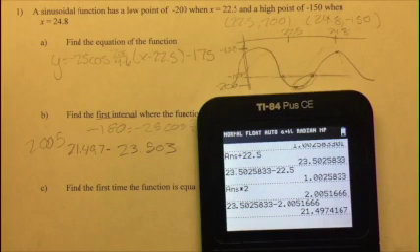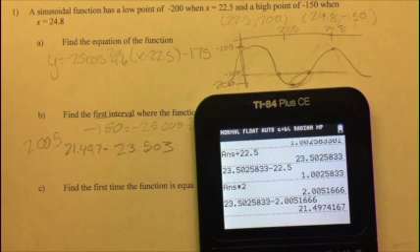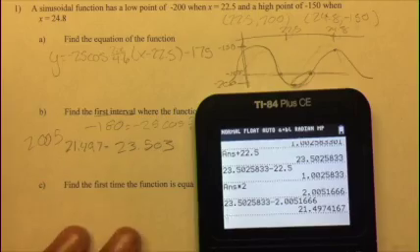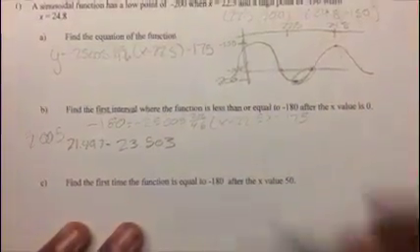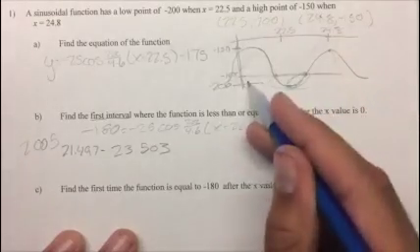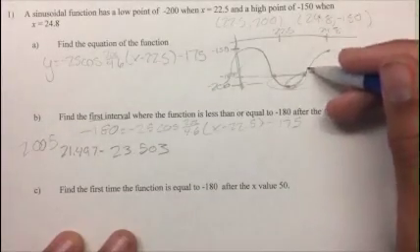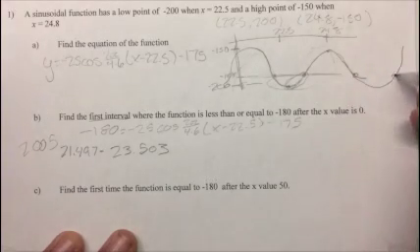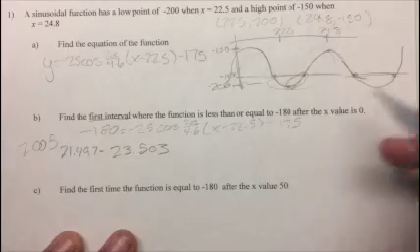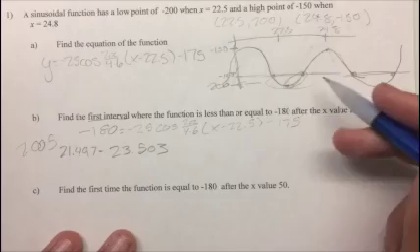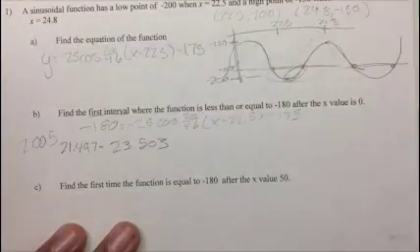All right, we are approaching the end on B, and now what we are going to do is figure out how we are going to get the interval closest to 0. So our goal right now is to get from this interval all the way to 0, which is that way. If you could imagine the graph going on forever, there would be a point here and a point here, and this would be an interval as well, just greater than 23.503 and 21.497.